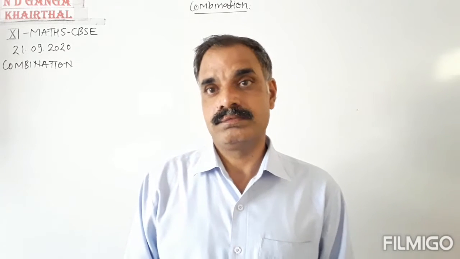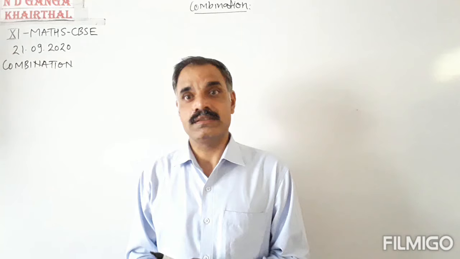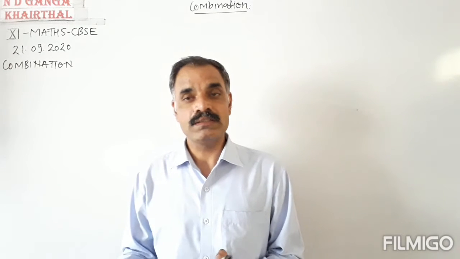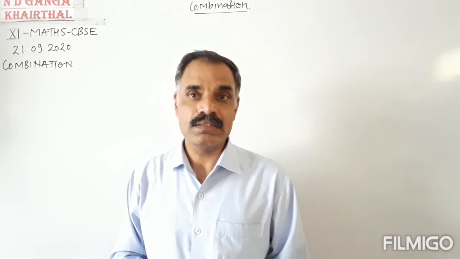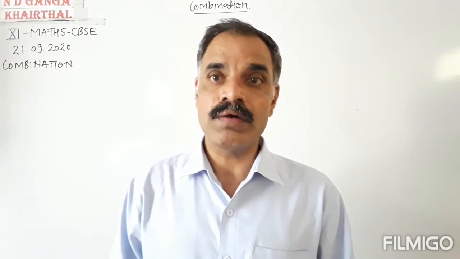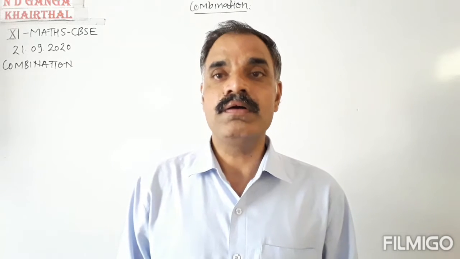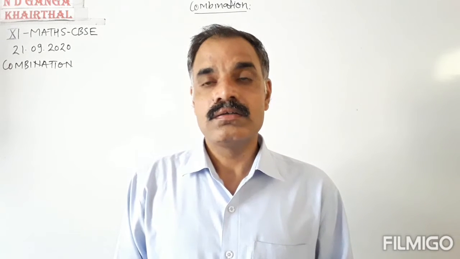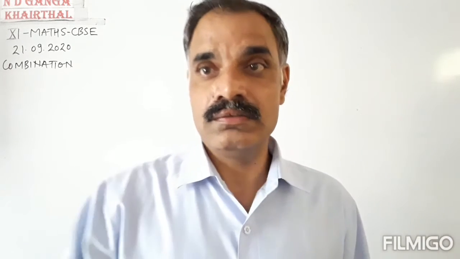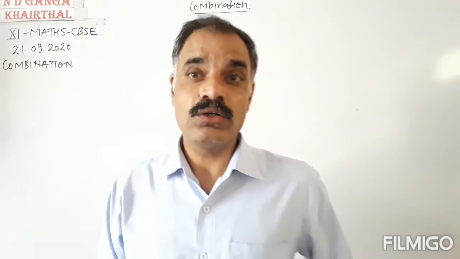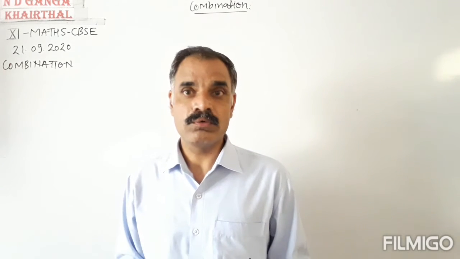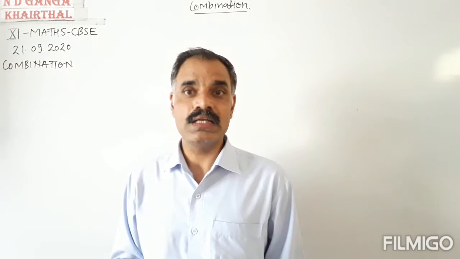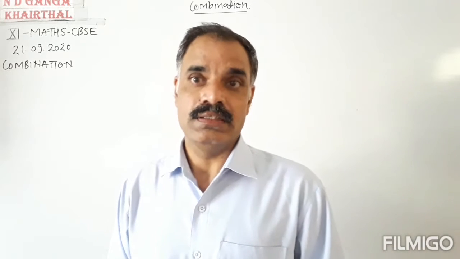Okay, and if we take the permutation along with the combination, then selection of r persons when order is not followed or order is not essential is called combination.